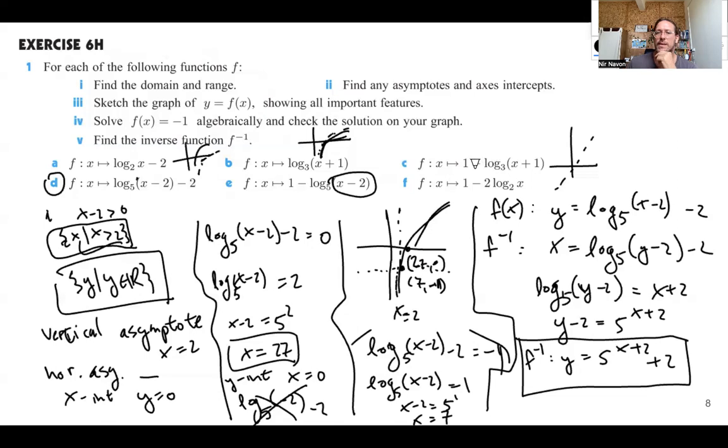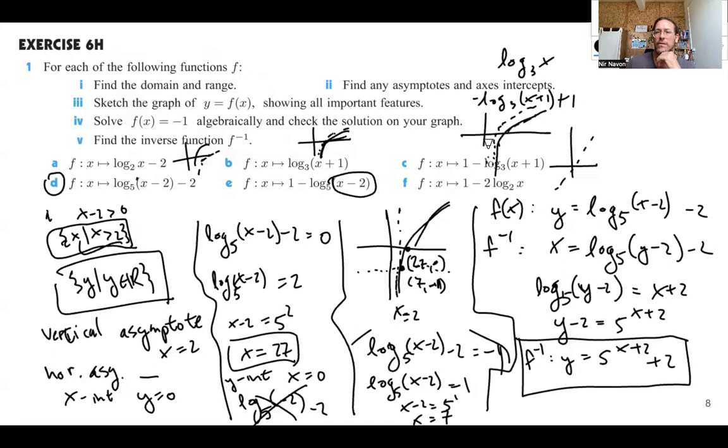And here we see, because it's this, I can write it as a minus log base 3 of x plus 1, plus 1. So first I'll draw log base 3 of x, it will look like that. Then that would be a vertical translation upwards. That would be a horizontal translation to the left because it's a plus 1.